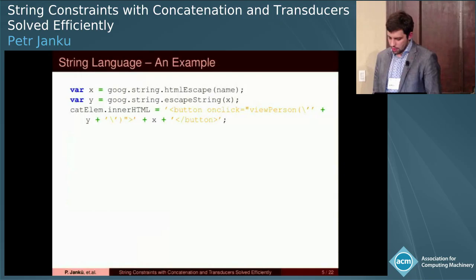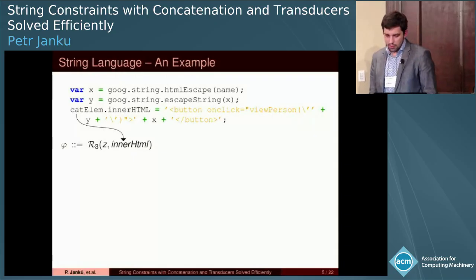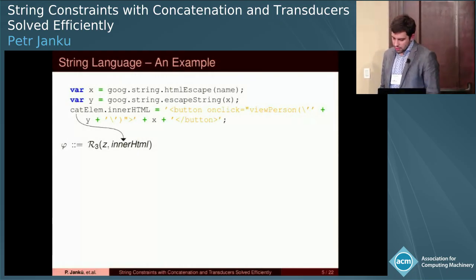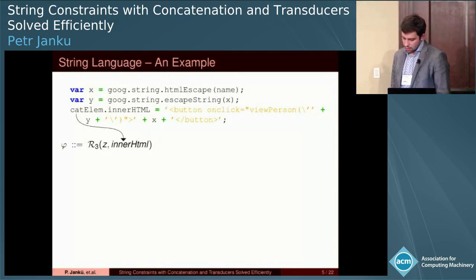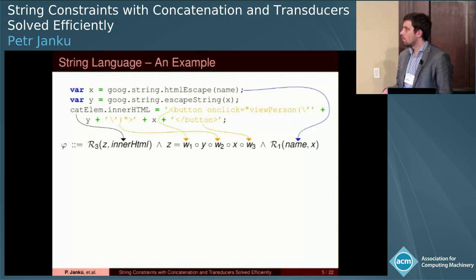Now I show you how the previous code snippet can be transformed to string constraints. First, we can represent the implicit browser transduction as an error-free one. Next, we can express the right-hand side of the assignment to innerHTML as concatenation. The HTML escape and escape string functions can be represented as R1 and R2.